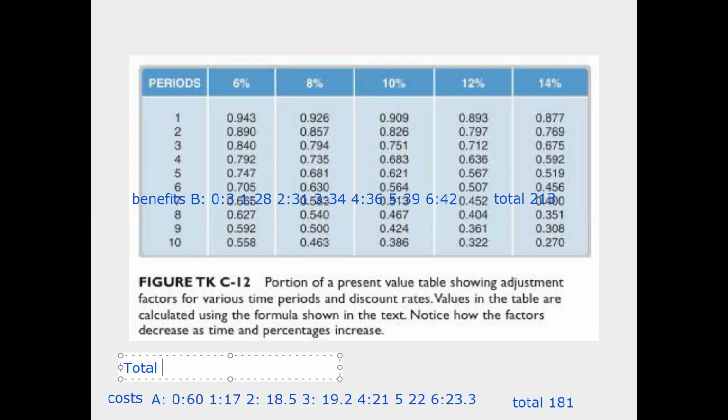Total cost is, now you can see, we have to get 60, right, into 1, plus 17 into 0.893, plus, right, we have 18.5 into 0.797.